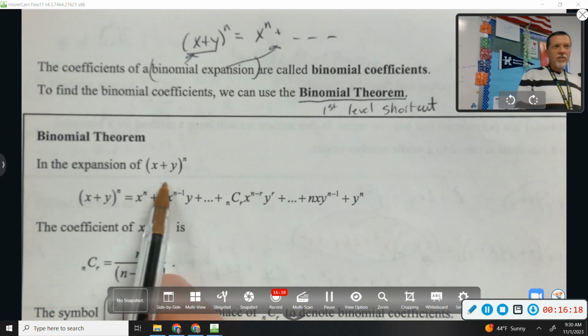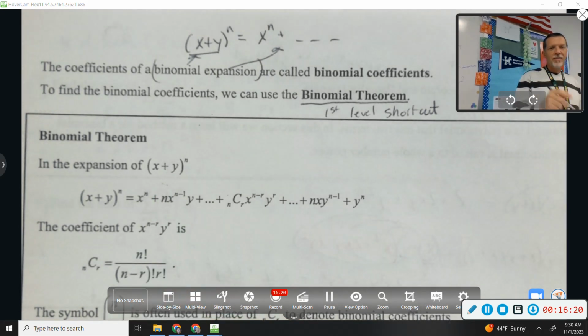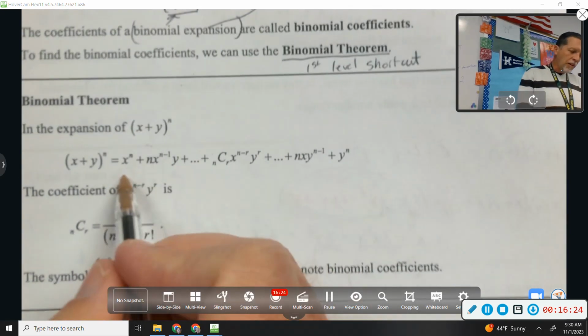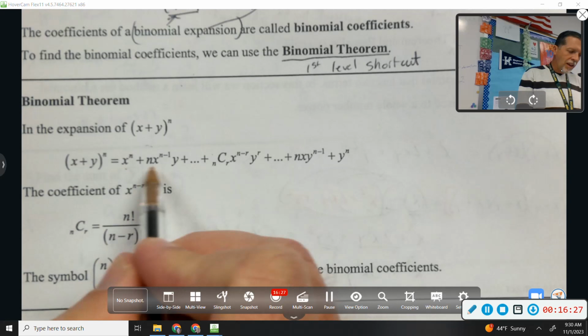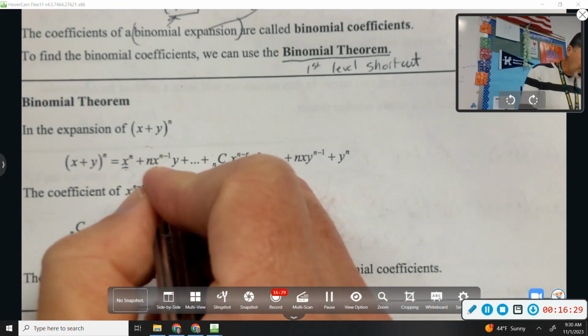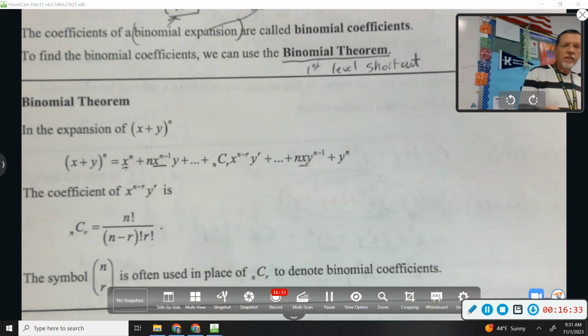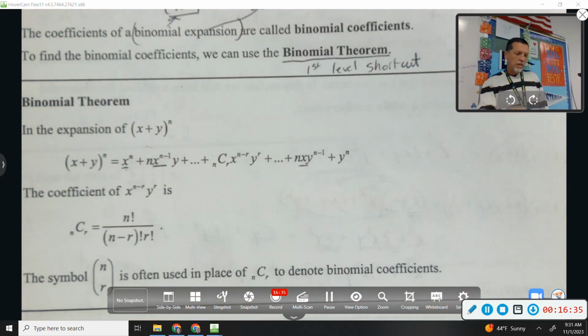Okay, in the expansion of x plus y to the n, you can see some of the stuff that we already knew, like x to the n. Look at the x's: x to the n minus 1, and then toward the end, there's an x, and then there's no x's. The x's are going down.